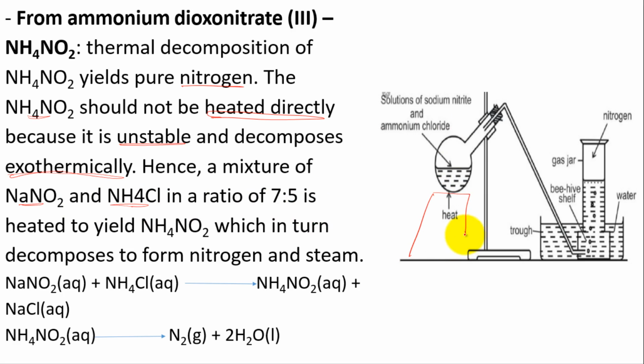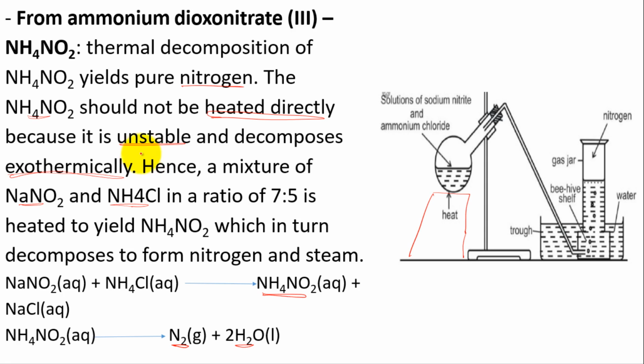When you heat it, the reaction forms ammonium dioxonitrate (III), which further decomposes by itself to form nitrogen gas and water. Therefore, it should not be heated directly because it is unstable and decomposes exothermally.